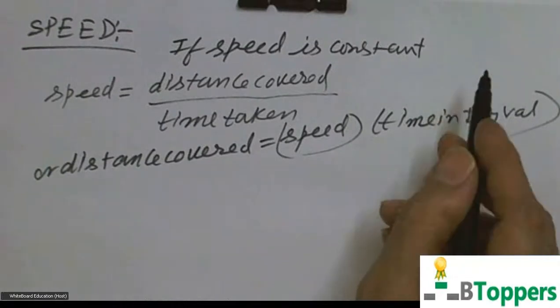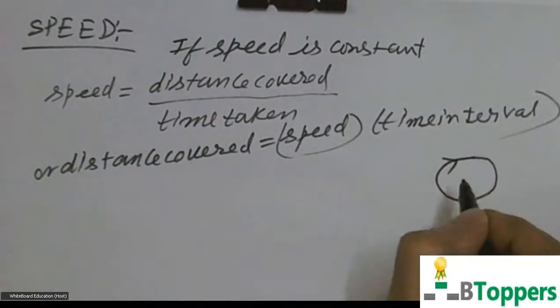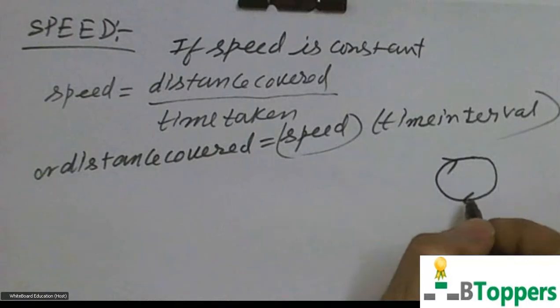Velocity may be changing. Example, in the case of uniform circular motion, I mean when the particle moves in a circular path with uniform speed, we say that circular motion is uniform. In this case, speed is uniform, but velocity is not uniform.